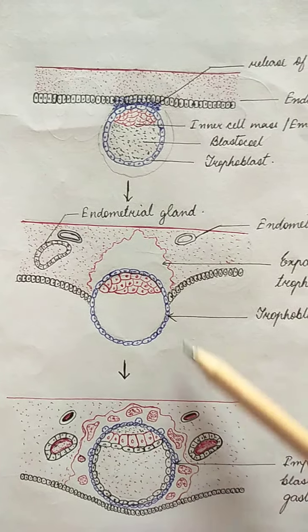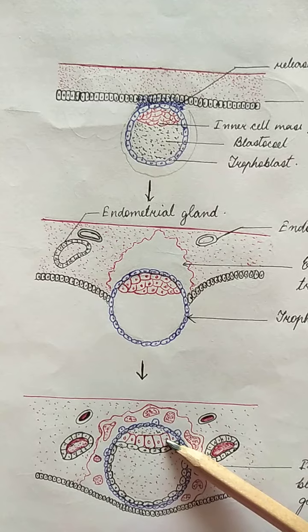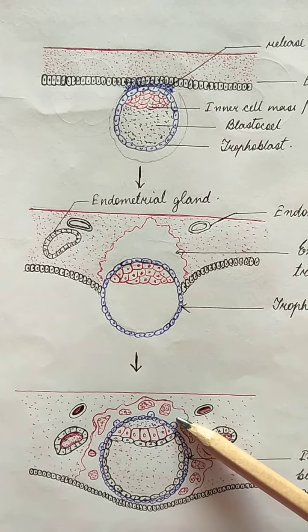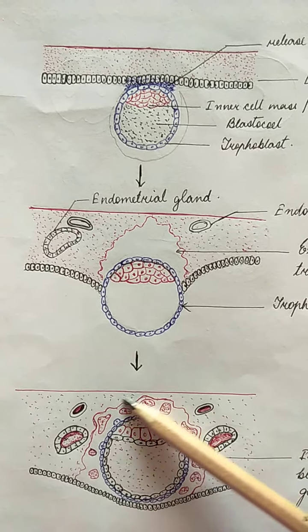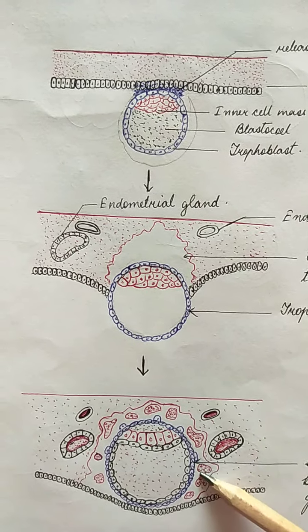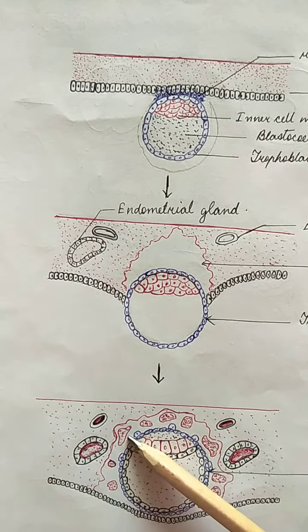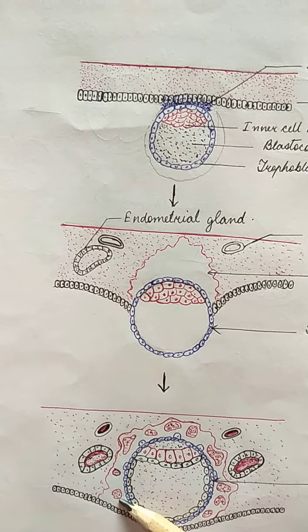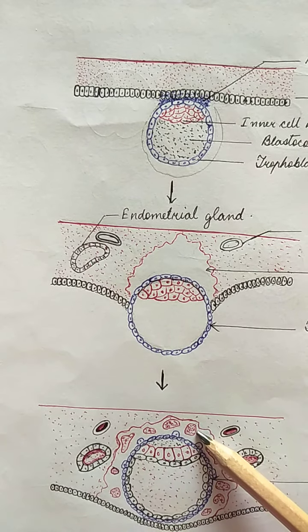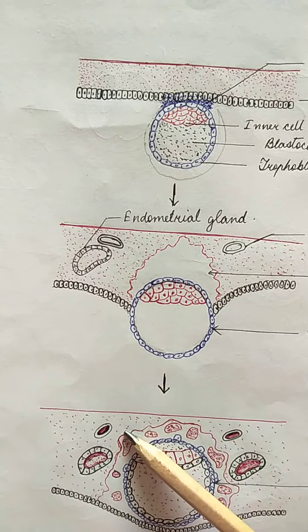After implantation, the blastocyst forms a connection with the maternal tissue by forming finger-like projections which in turn digitate with the maternal tissue to form an organ called placenta.